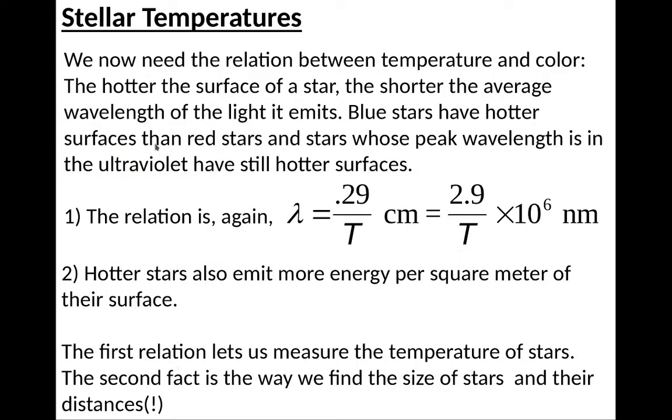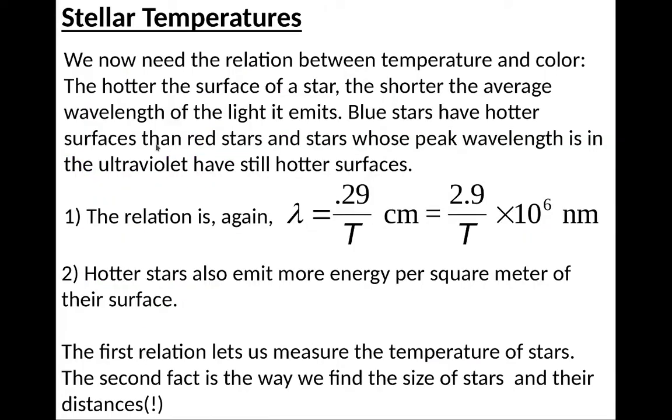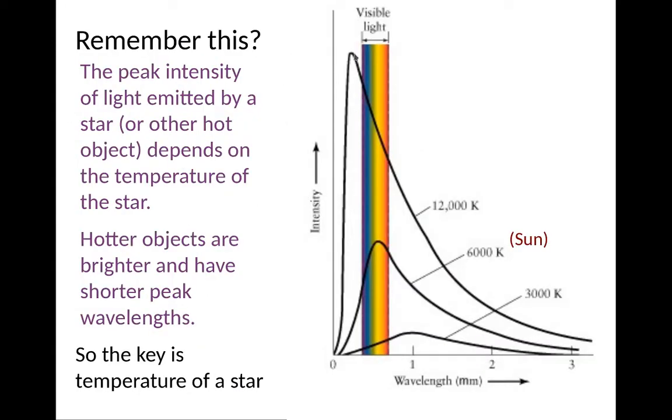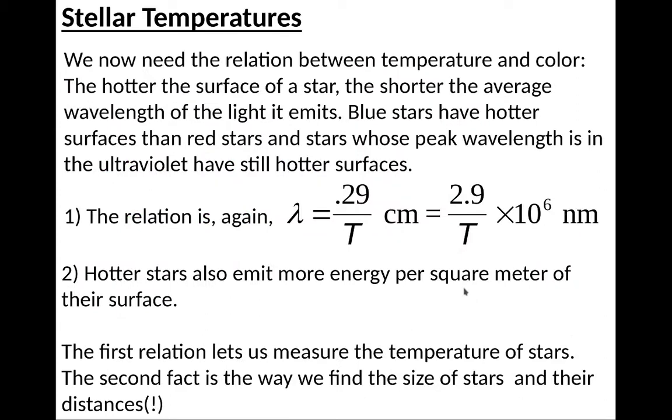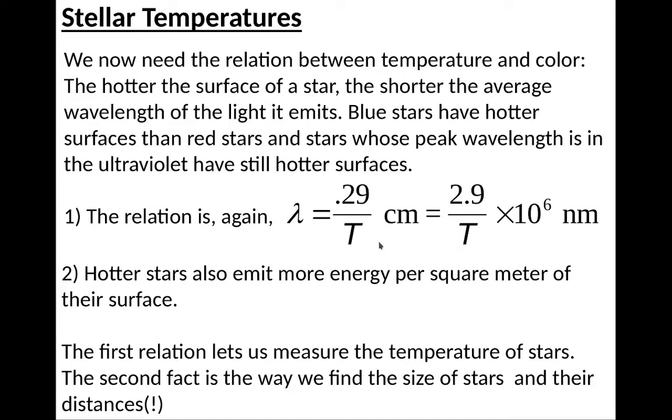The temperature of the star determines the peak wavelength. There's a relationship between the temperature of the star and the color. So for instance, this star will appear red. This star will appear blue because it gives off more energy in the blue part than the red part, and the sun will appear basically white.